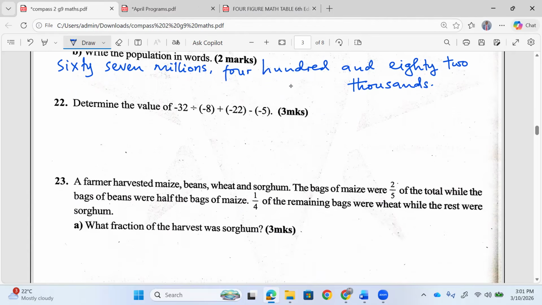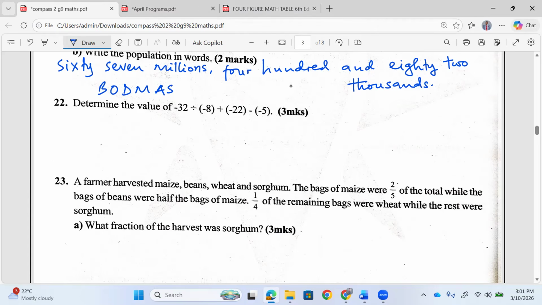Then we have number 22. Determine the value of negative 32 divided by negative 8 plus a negative 22 minus a negative 5. So we start by division before we go to additions and subtractions, because according to BODMAS, we start with brackets, and we don't have any operations in the brackets.